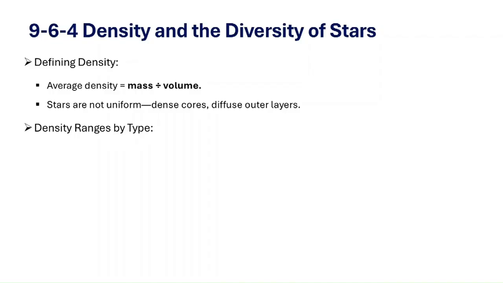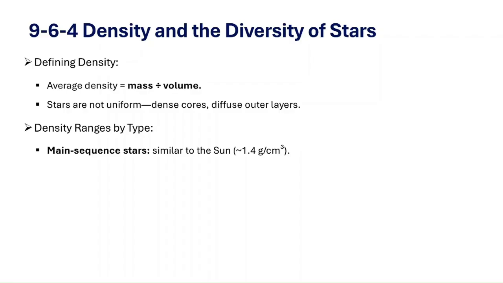And stars vary enormously in density depending on their type. For example, main sequence stars like our Sun have densities of roughly 1.4 grams per cubic centimeter, which is just slightly denser than water.